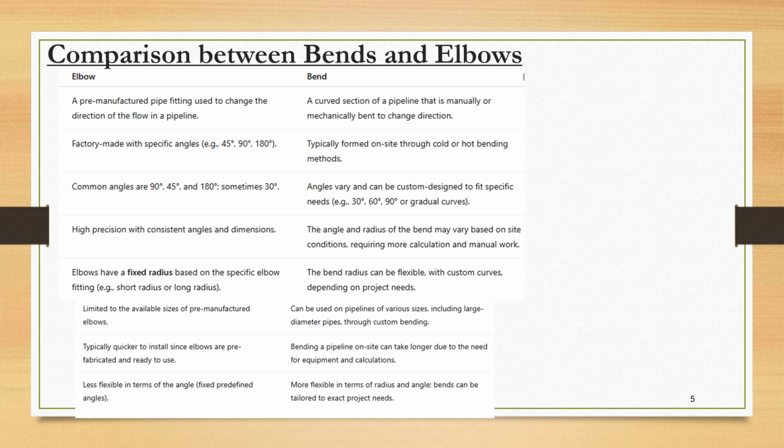So to summarize, we can say that elbows are pre-made standardized fittings with fixed angles, commonly used for quick precision directional changes in a piping system, whereas bends are more versatile, often formed on site and can be adjusted to accommodate unique complex pipeline routing requirements.